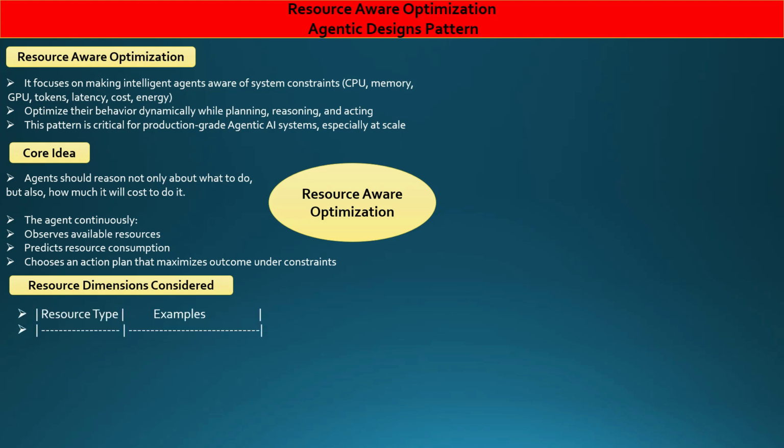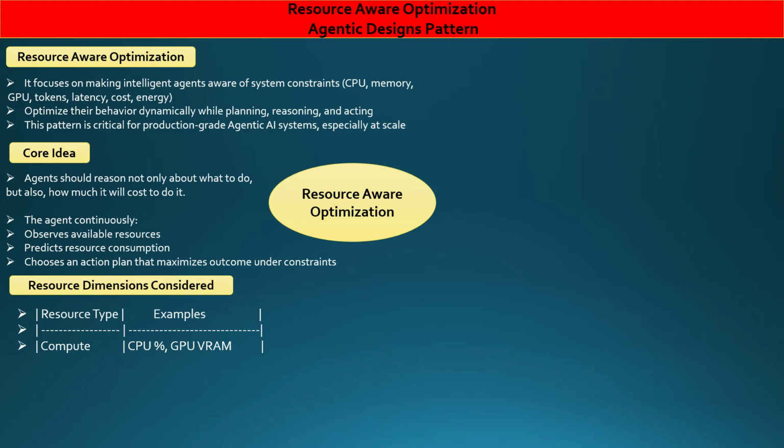The first is compute, which covers CPU percentage, GPU, and VRAM. CPU percentage controls parallelism and throughput. GPU VRAM limits model size and batch processing.